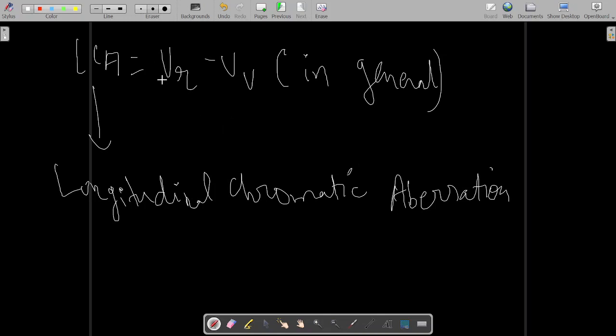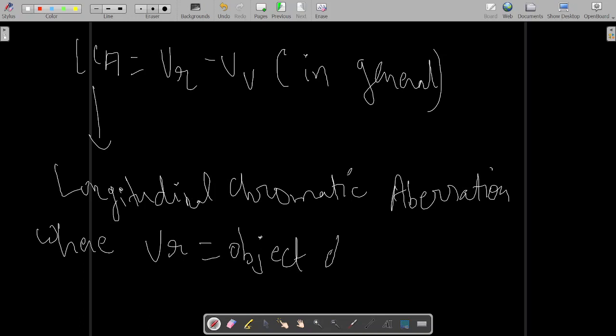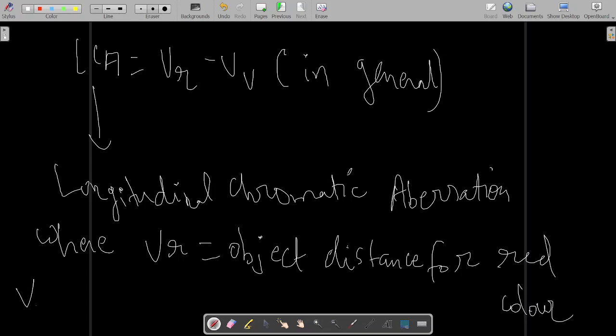VR minus VV in general, where VR is equal to the image distance for red color, and VV is equal to the image distance for violet color.